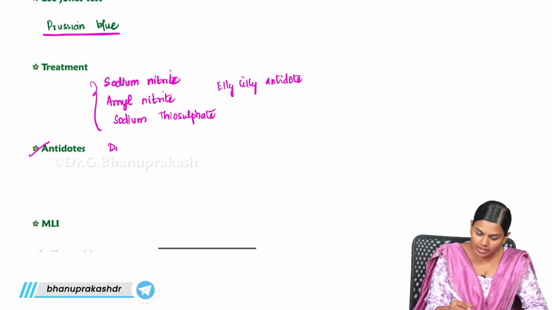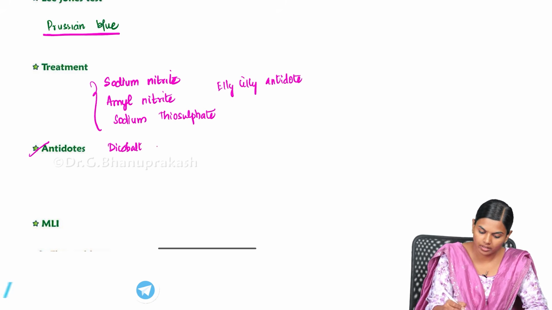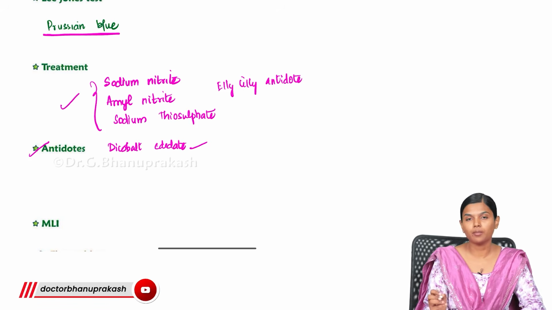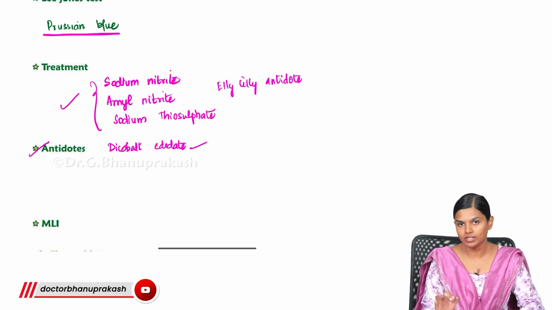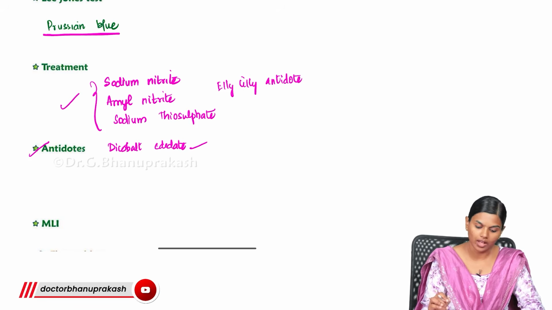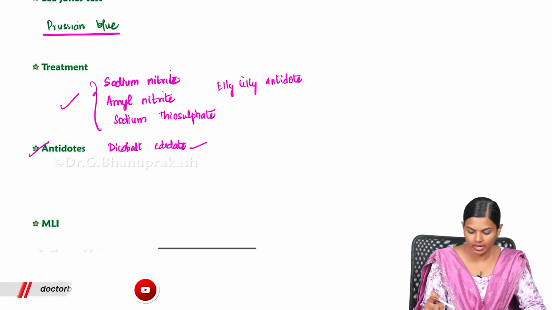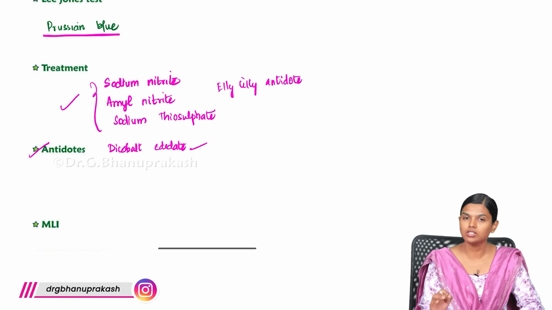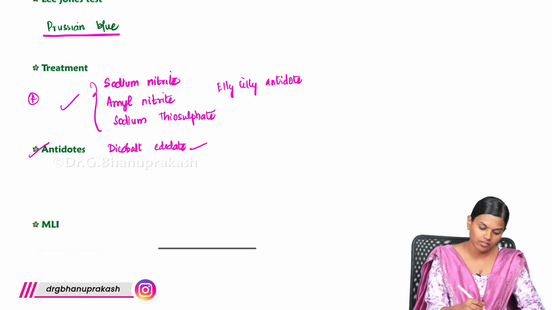Or you have another antidote, that is dicobalt edetate. All these three are given together, and this is given separately. So, all four are antidotes for cyanide, and the three given together are known as the Eli Lilly antidote. You have sodium nitrite, amyl nitrite and sodium thiosulfate. And dicobalt edetate is also one of the antidotes for cyanide. So, the antidote for cyanide is very, very important.